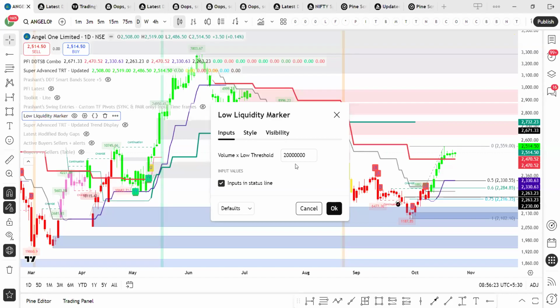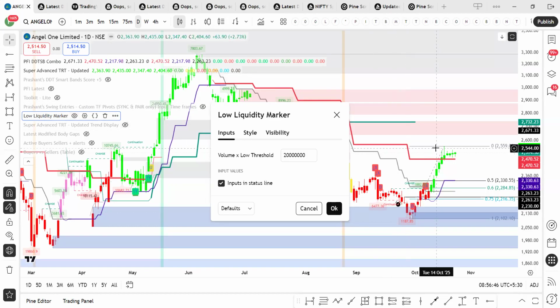But if you want to buy shares worth 50 lakh rupees and the turnover in that stock is just 10 lakh rupees, then you cannot buy. So that's why institutions go for accumulation schematic in such stocks, and it's better to avoid these kinds of stocks where liquidity is low. So this is a very important indicator for me, low liquidity marker.